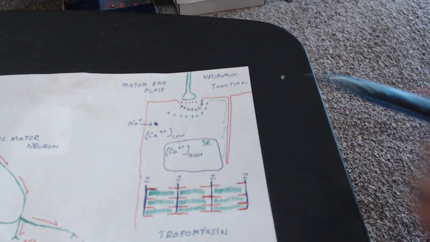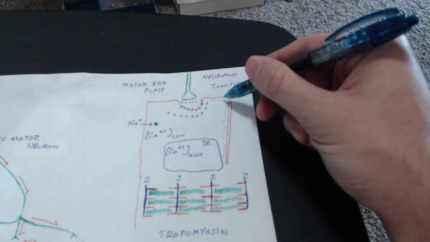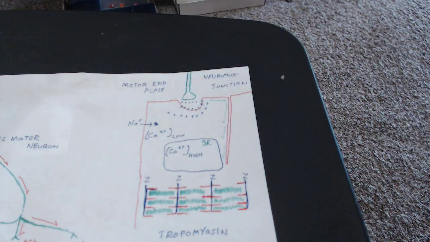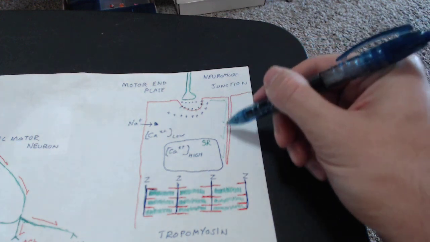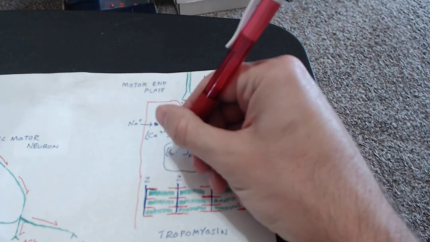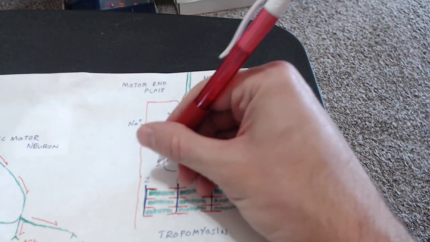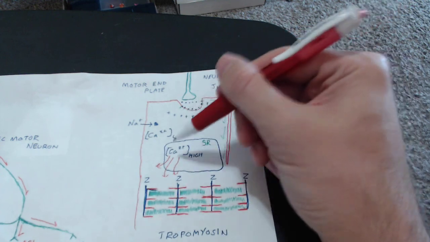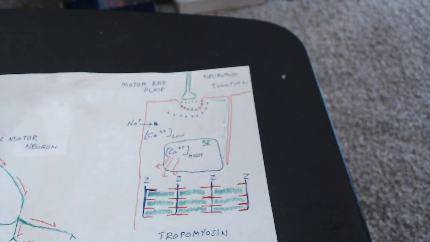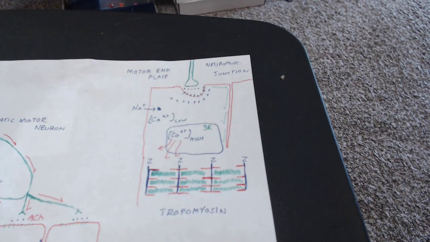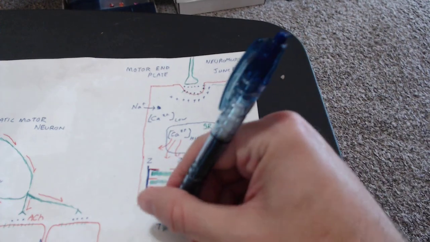That is where the sarcoplasmic reticulum comes in. When we get an action potential, which originated from the depolarization we get from the acetylcholine, that action potential is going to open voltage-gated calcium channels on the SR membrane, meaning calcium is going to come flooding out. And when calcium comes out, that calcium will bind to another protein located near the thin filaments called troponin.